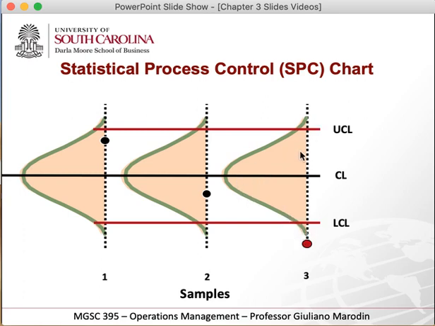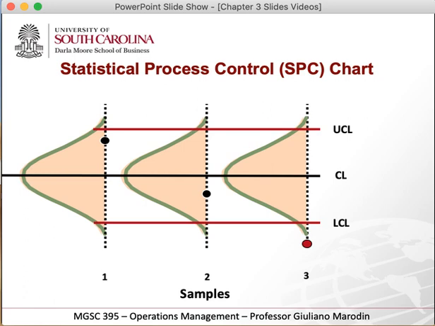That's what I explained before with the histogram and a nicer drawing so you guys can understand. So if it is here, very unlikely that it comes from this distribution, it is probably because a special cause variation occurred. So what do I do when I find out that a special cause variation is occurring?